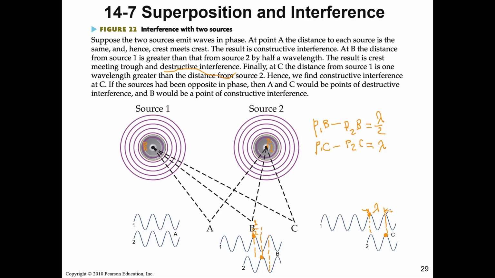So it looks like these two peaks are just aligned to each other. Those two waves are aligned so that peaks are aligned to peaks, valleys to valleys, so they will still constructively interfere. So at point A is a large value, at point B is 0, at point C is a large value. So there are interference patterns in space.